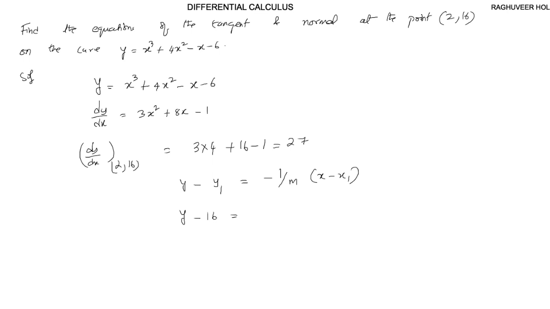So y minus 16 is equal to the m value we just found, 27, multiplied by x minus 2.